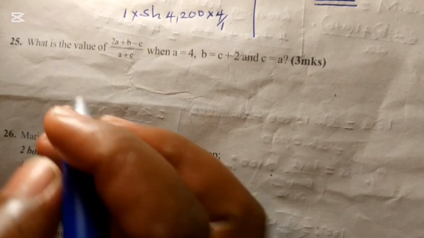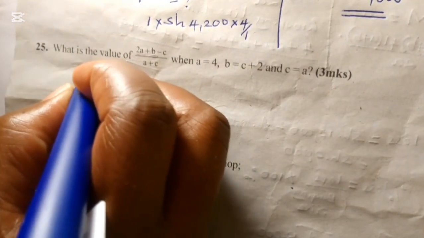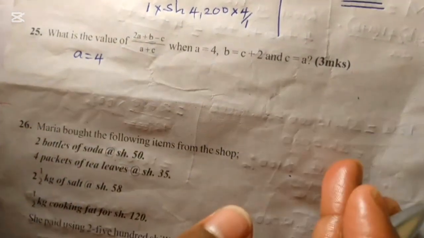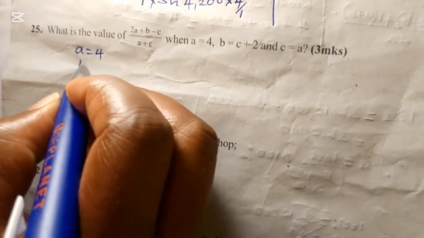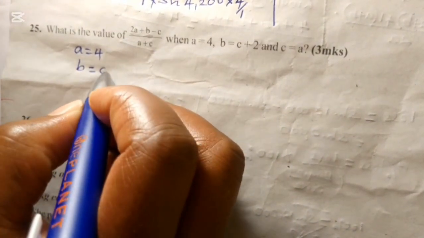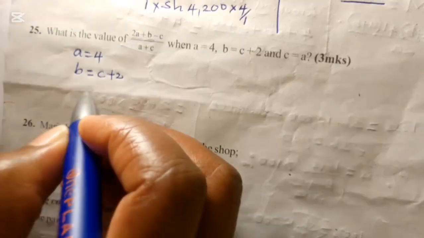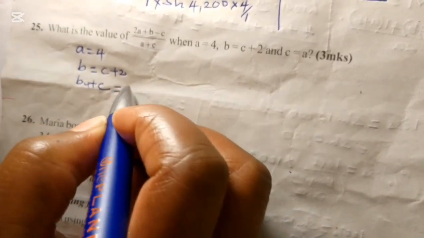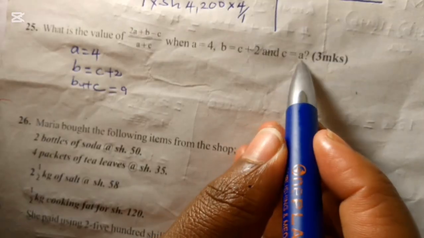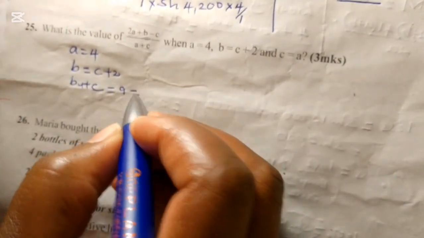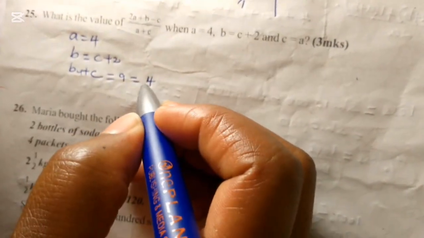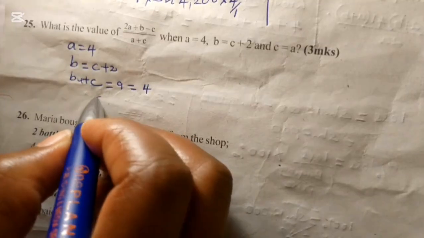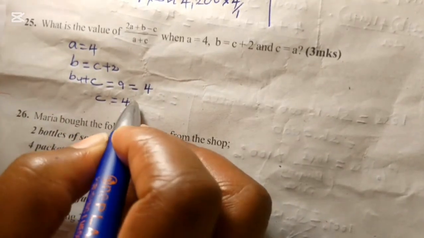So a is equal to 4 is given, therefore b is equal to c plus 2, but c is equal to a as we are given here, and a is equal to 4, meaning that c is equal to 4.